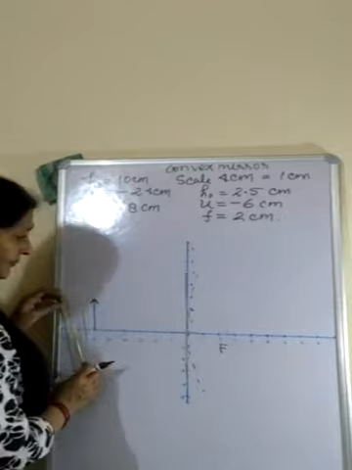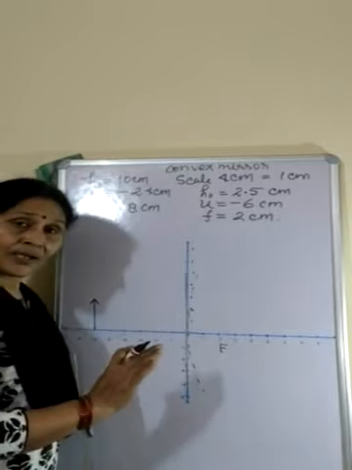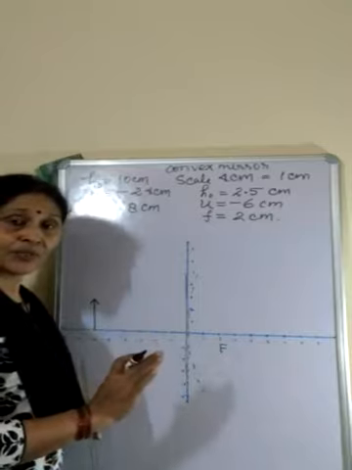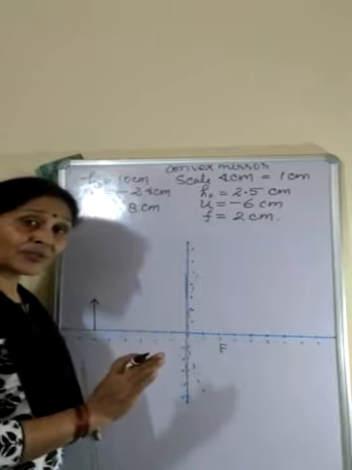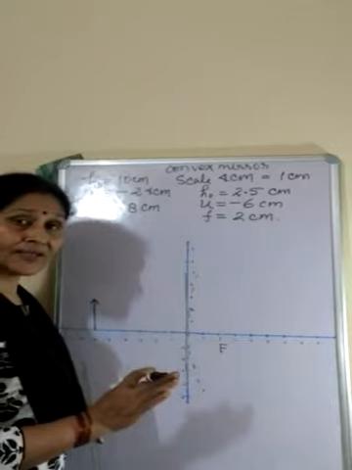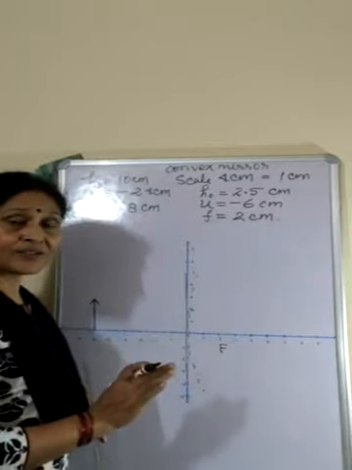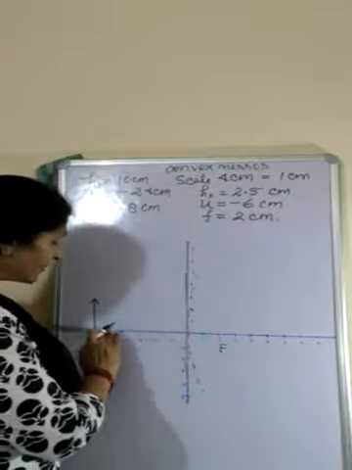Now, we have to draw the ray diagram, and we will follow the rules of formation of image, and for that we will take a parallel light ray to the principal axis. This is our principal axis and this is our pole.